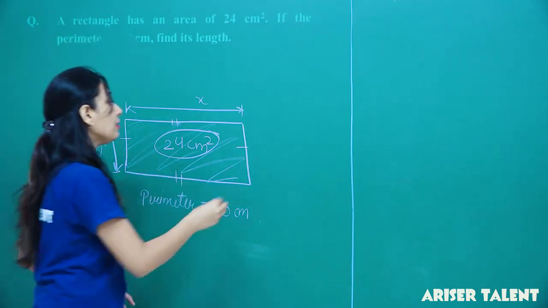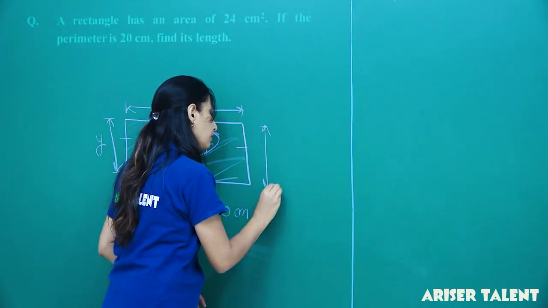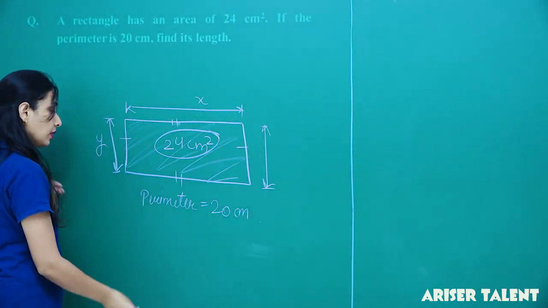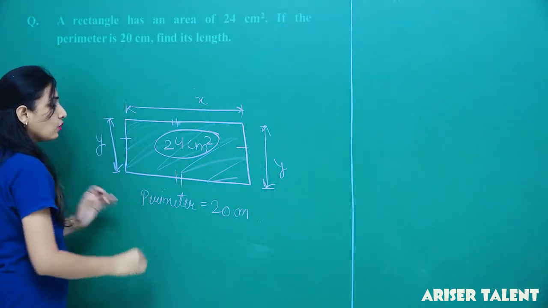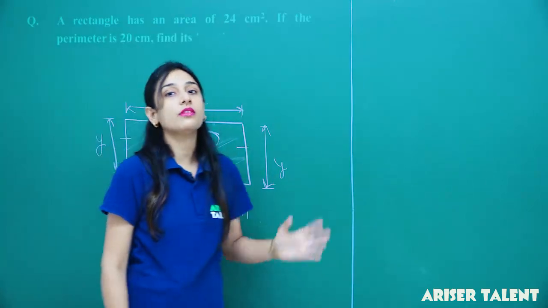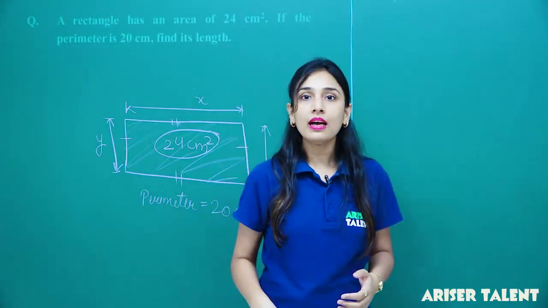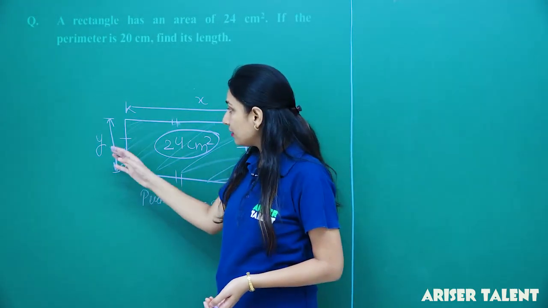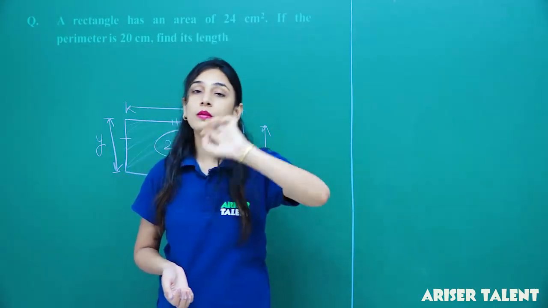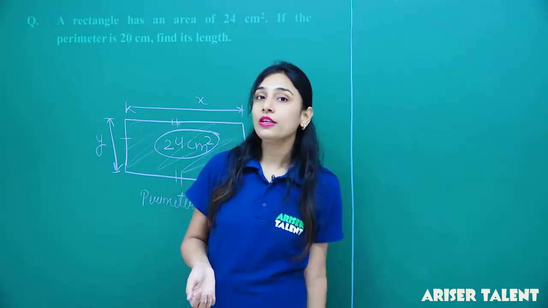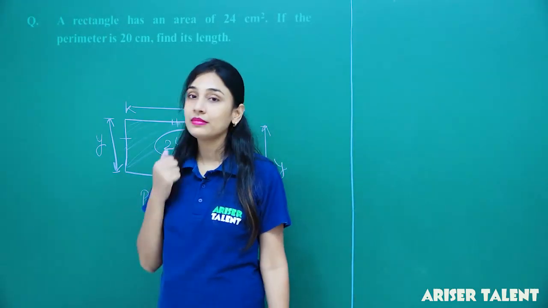So that will also be y, right? Now this y plus x equals 20 centimeter, which is given. Okay, now I'm not telling you to make these two variables. I'm just telling you to find out the value of y in terms of x and then make the equation. How? Let's find out.